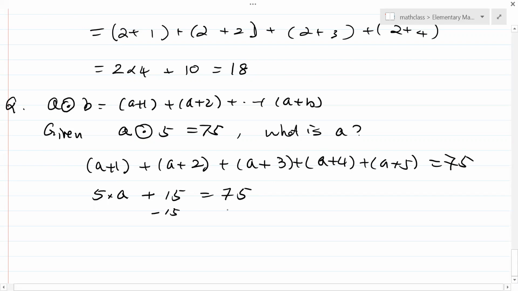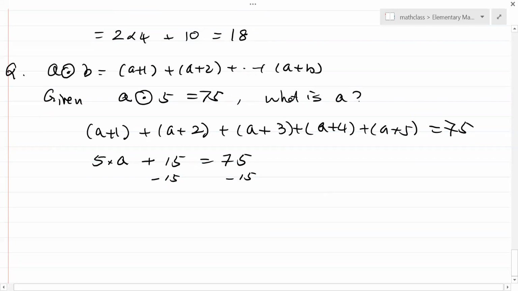So minus 15, minus 15. You have to subtract the same number from both sides. It's like a balance. You have to remove the same number from both sides. Then 15 minus 15 is gone. So this side is only 5 times some number, and 75 minus 15 is going to be 60. Okay, 5 times some number equals 60. What is that number?